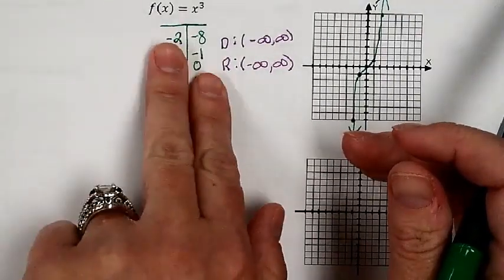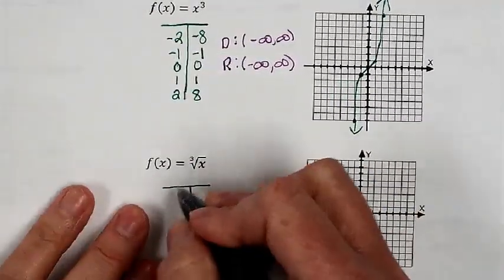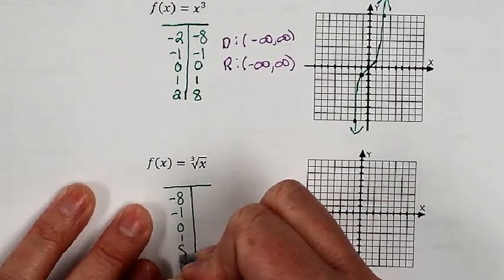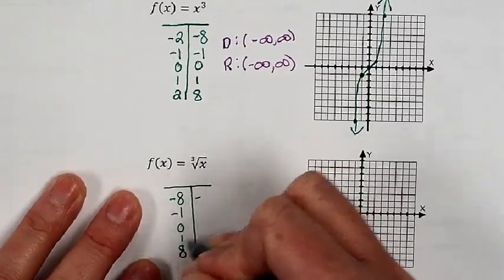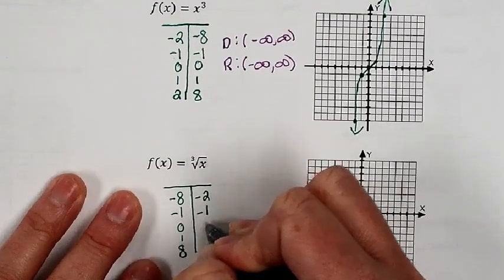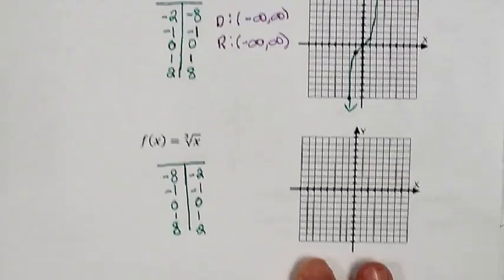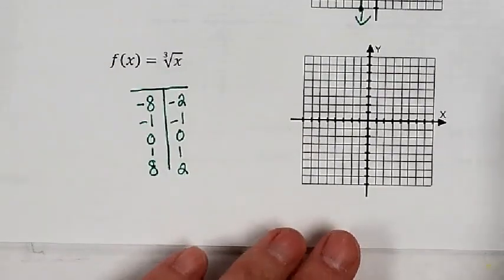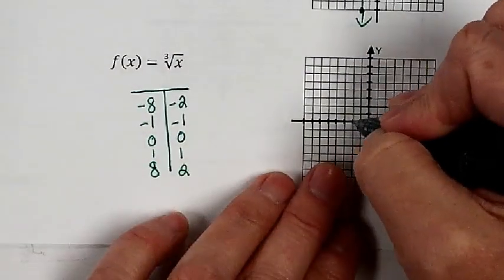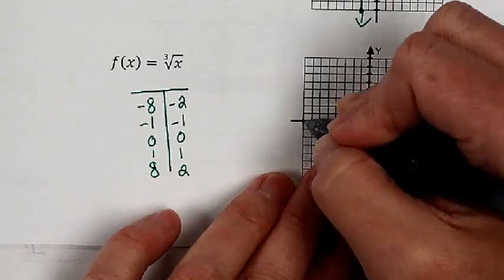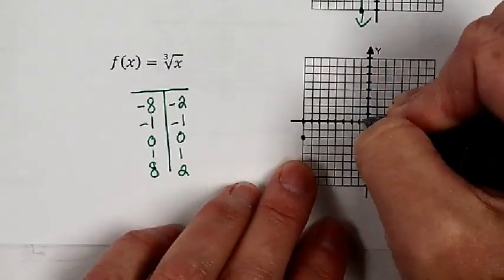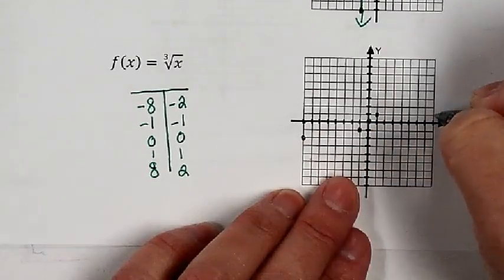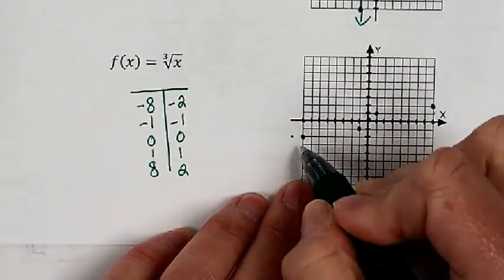So your y's are going to become your x, so negative 8, negative 1, 0, 1, and 8. And then negative 2, negative 1, 0, 1, and 2. Nope, it's just flipped.